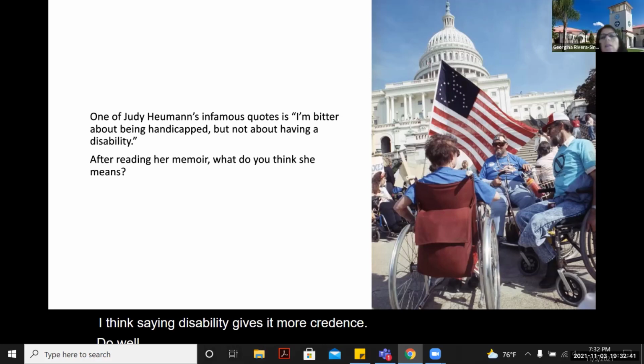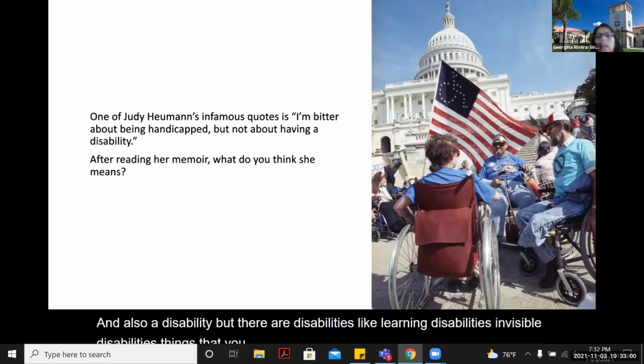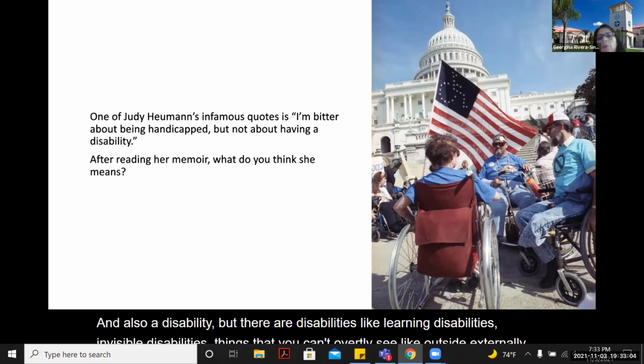I think handicap is more overt, like to a degree you can see a handicap, and also a disability, but there are disabilities like learning disabilities, invisible disabilities, things that you can't overtly see externally.